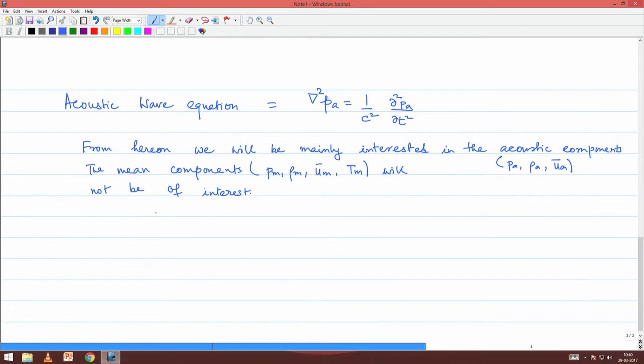Thus, to simplify the notation, we will get rid of this subscript A in our terminology. So, from here on when we say P, it will actually mean the acoustic pressure. We will not carry this subscript A because it is cumbersome to keep writing this.